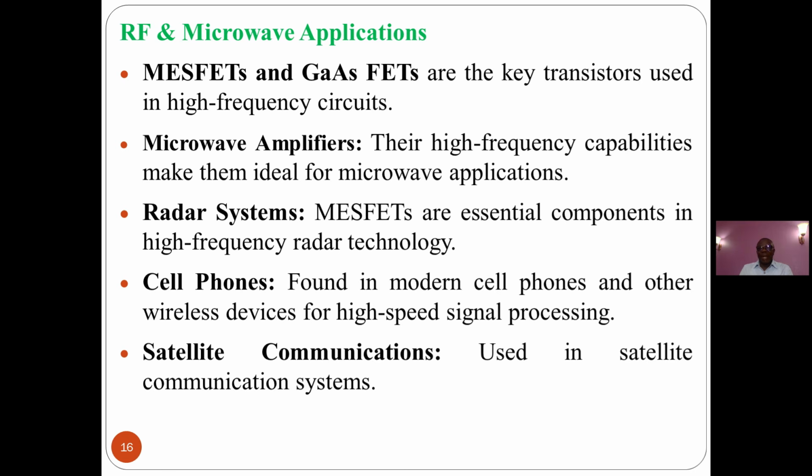Their high-frequency capabilities make them ideal for microwave applications, and in radar systems, MOSFETs are essential components in high-frequency radar technology. Of course, in your cell phones, they are found for high-speed signal processing and used extensively in satellite communications, because satellite communications are based on radio frequency and microwave devices.